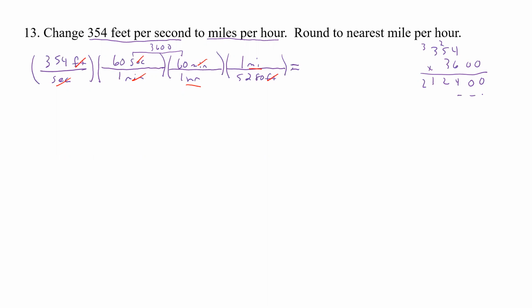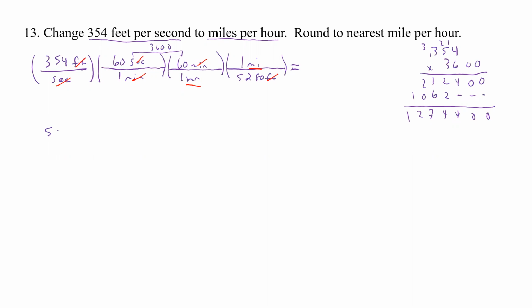Now we have 3 spots, and so this is 3 times 4. That's going to give us a 12. That's 15, 16, 9, 10. So that's 0, a 0, a 4, a 4, a 7, a 2, and a 1. Okay, and so that was no decimal places, and so now we divide that number by 5,280.